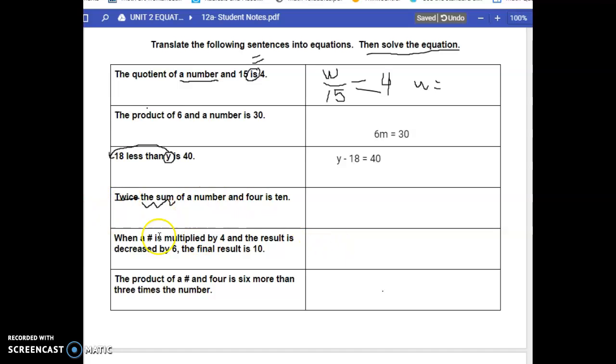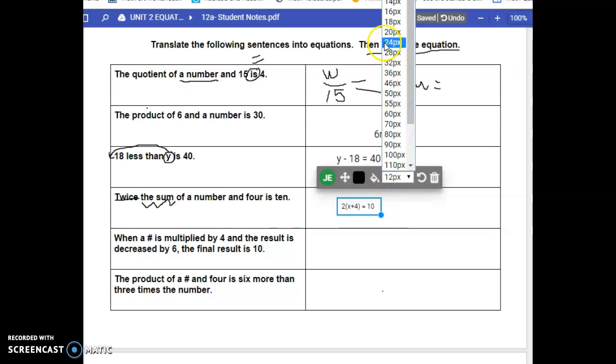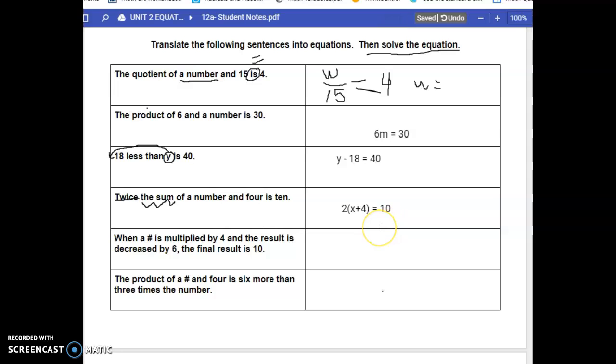So in order for me to be able to take twice of the sum, I'm going to actually have to use parentheses here. So twice, and then the sum, which was x plus 4, and that equals 10. There you go. And use your solving equation skills and find me the value of x.